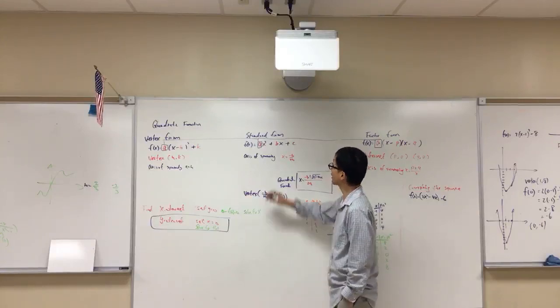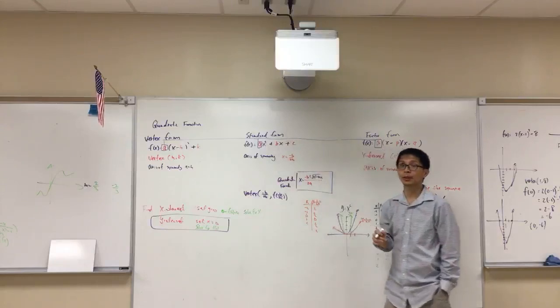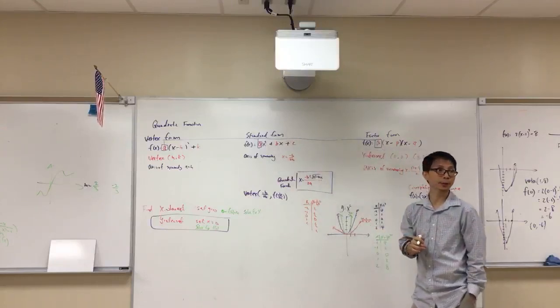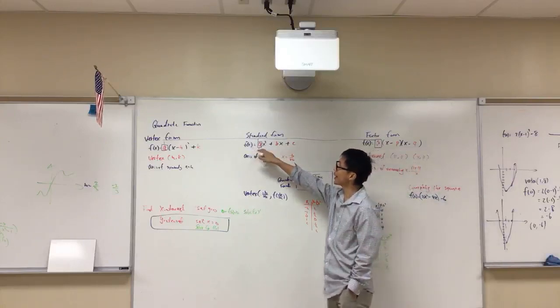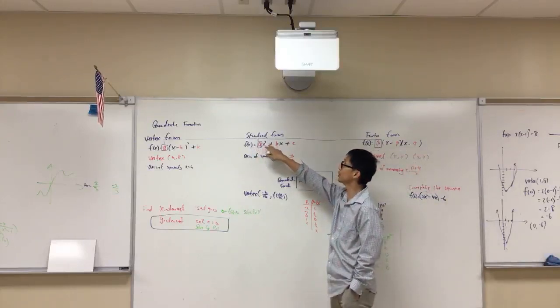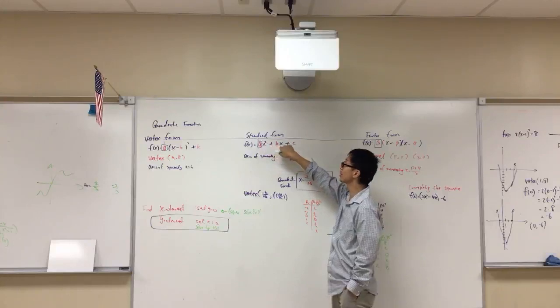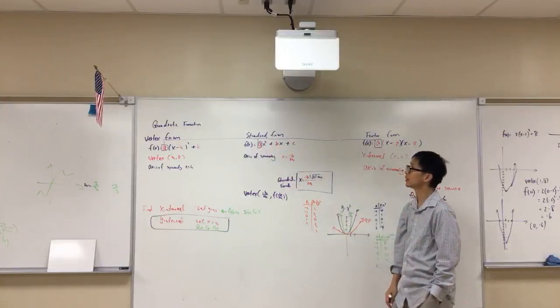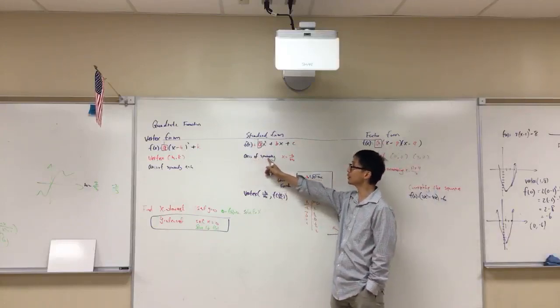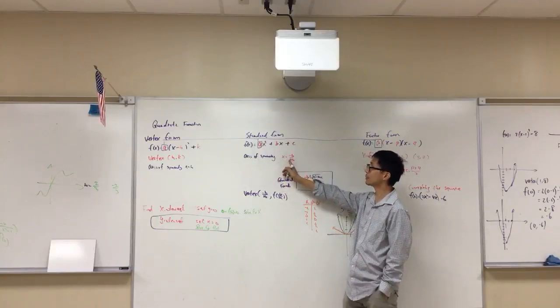Now let's go back to this form. It turns out a quadratic has 3 different forms. It has a standard form, which is f of x equal to ax squared plus bx plus c. The axis of symmetry is x equal to negative b over 2a.